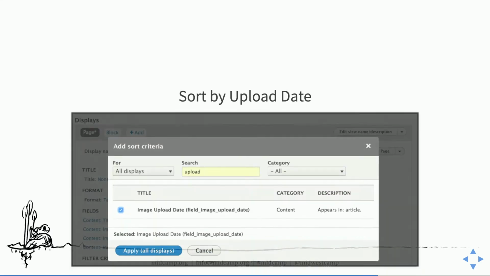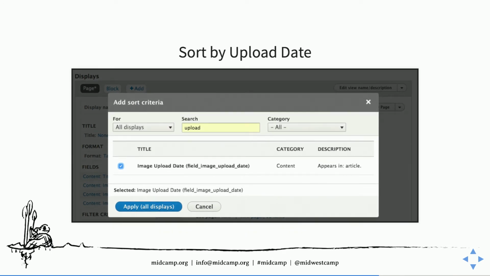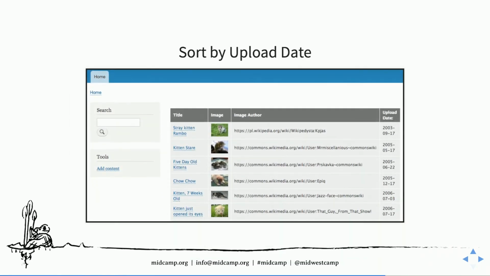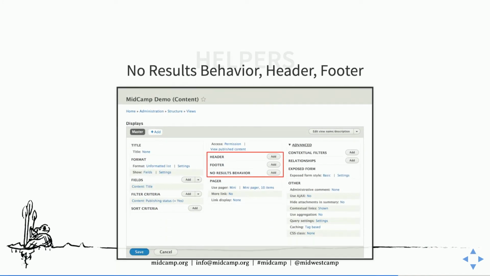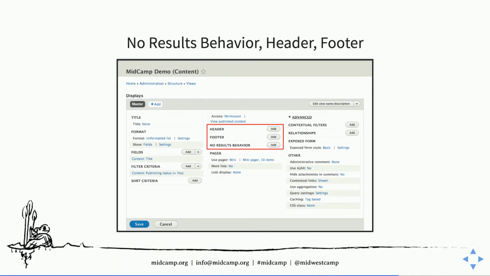We can switch over to sort by the date in which it's uploaded. So we can sort by dates as well. We can sort by various numbers. And you can now see that they are sorted by date. Some cool little helpers to kind of update the display.